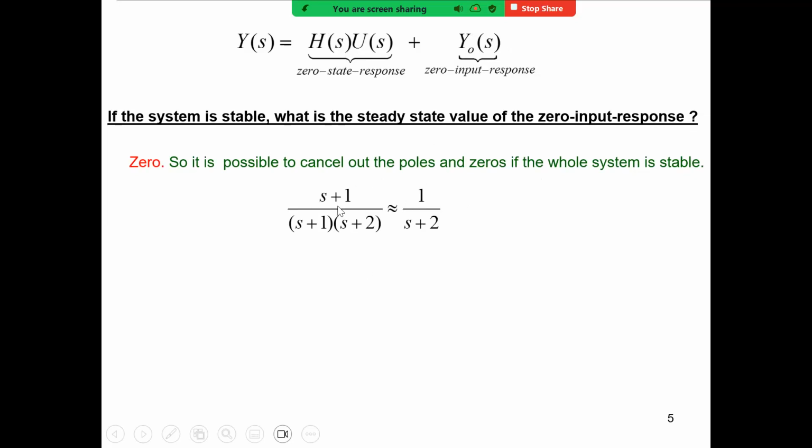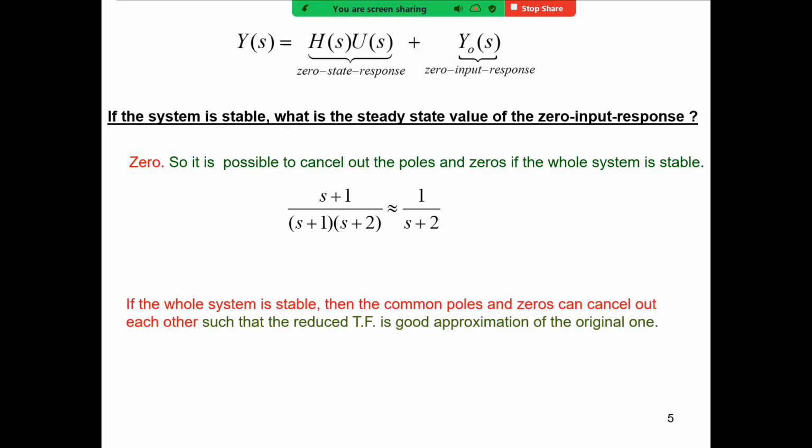Now I give you a situation. There are common terms, but the whole system is stable, so this transfer function is very close to this one. Of course, the underlying differential equations are not the same, but they are almost the same if we look at the outcome.